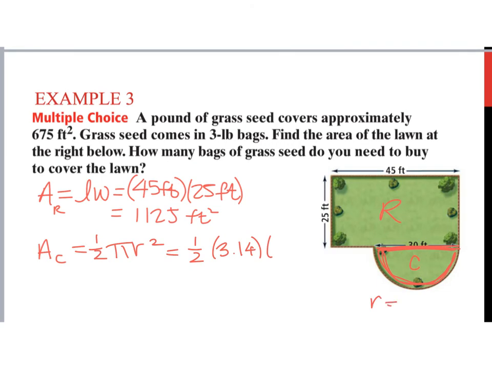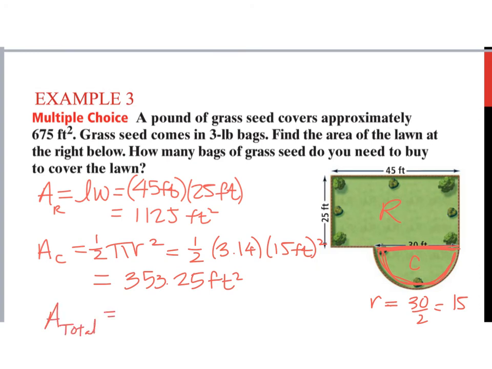Well, r is really going to equal 30 divided by 2 because we're given the distance in terms of the diameter, which is 30 feet. So this will give us 15 feet. And I do have to square that. So when I multiply this all out together, I end up with 353.25 square feet.